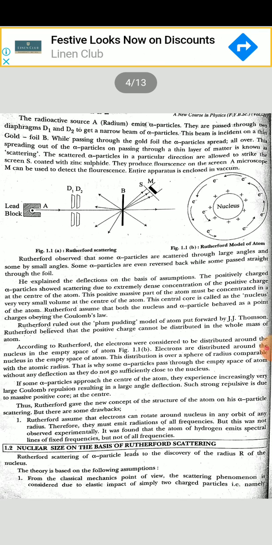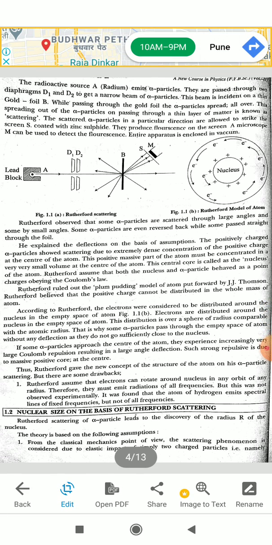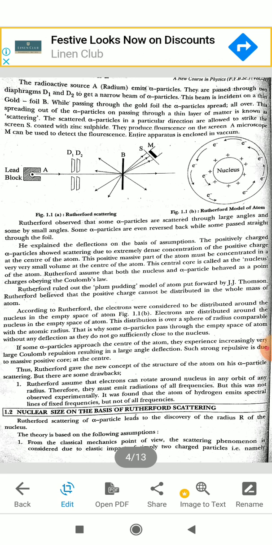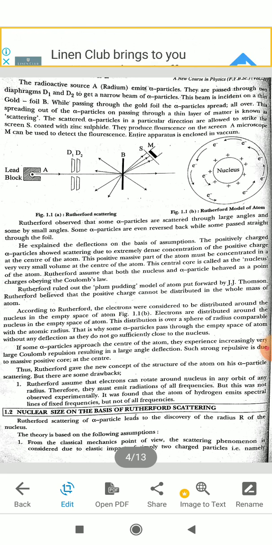After that, what is the size of the nucleus? We know that the size of an atom is 10 to the power minus 10 meter, that is 1 angstrom unit.